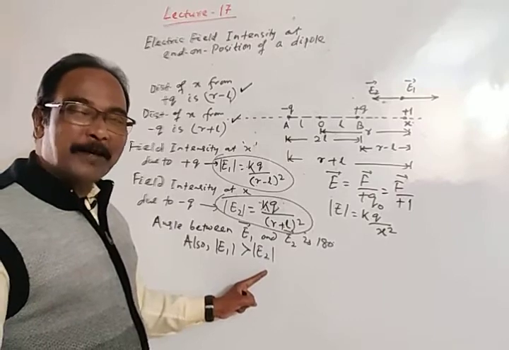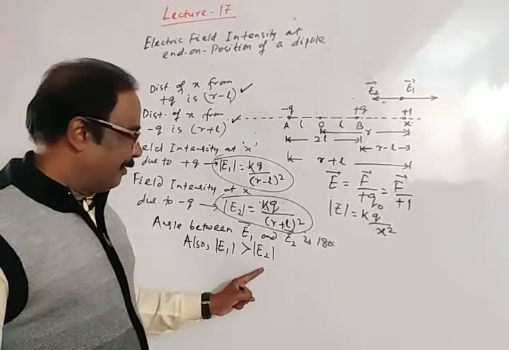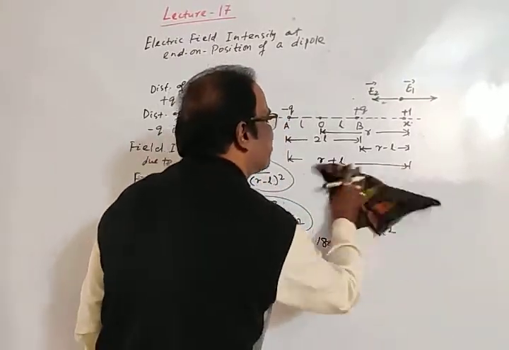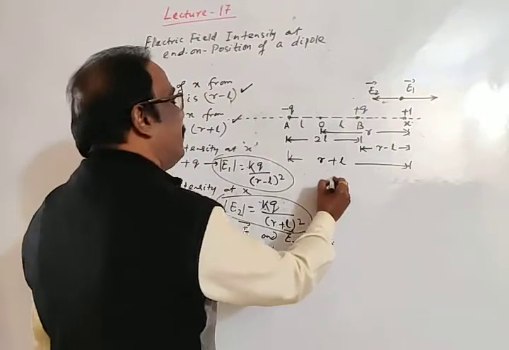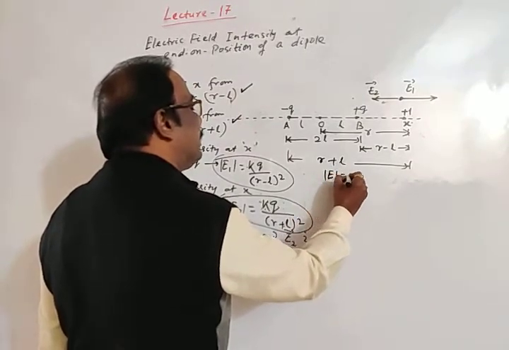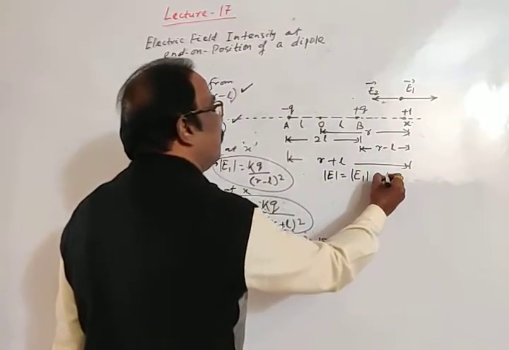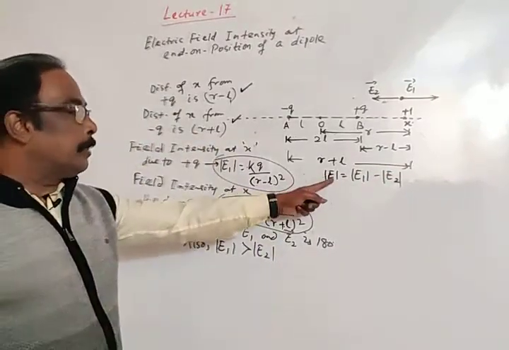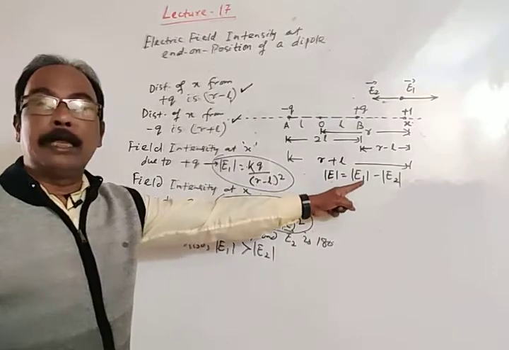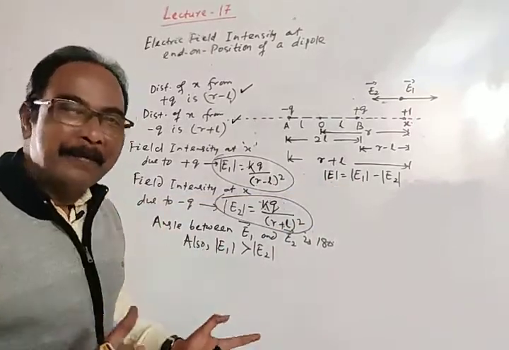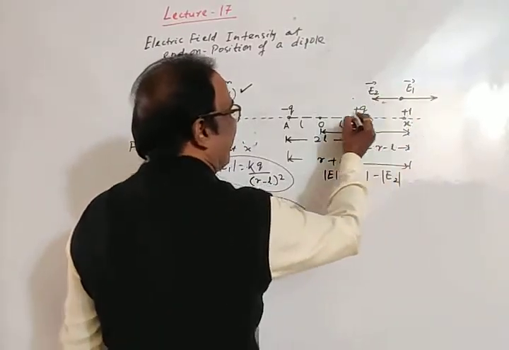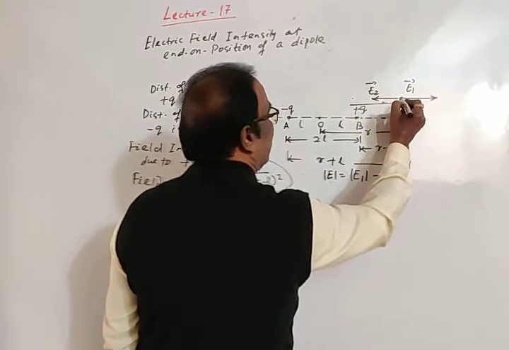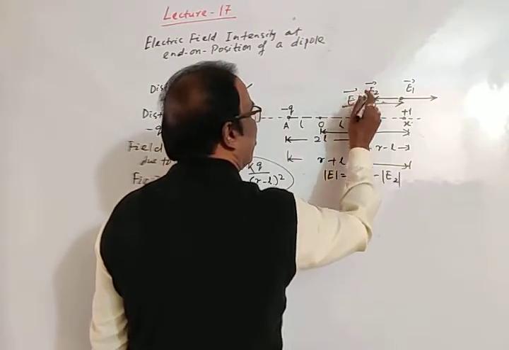Then, as per the vector law of addition of vector quantities, we may write that the magnitude of the resultant field intensity is the magnitude of E1 minus the magnitude of E2. Obviously the direction of the resultant field intensity is along the direction of the greater vector, that is along E1.